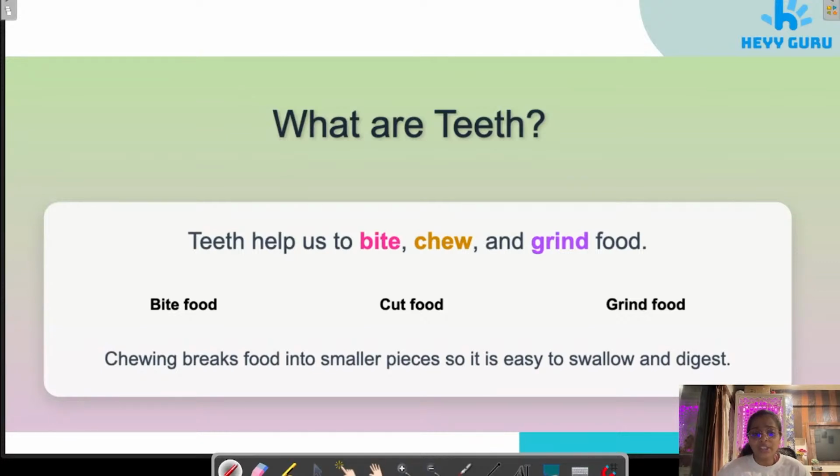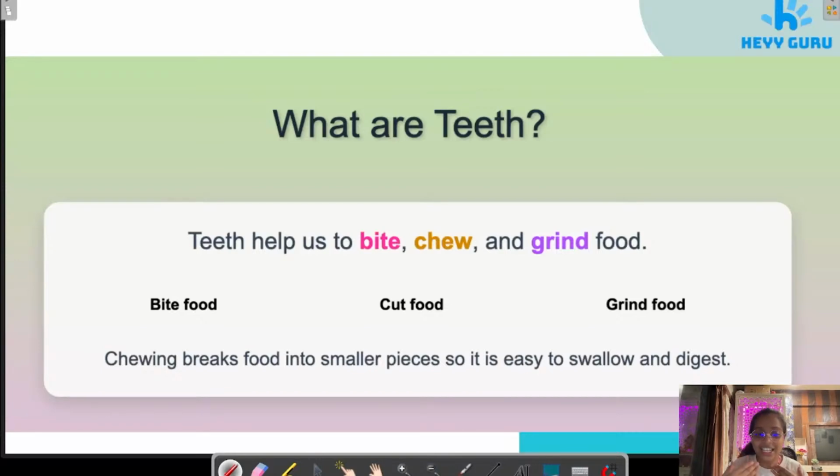Chewing means it breaks down the food into smaller pieces. If you have a big pizza, you don't eat the whole pizza at one time, right? You have to take a bite of that pizza because it is very big. Then you have to chew that pizza, you have to take a taste of that in your mouth.